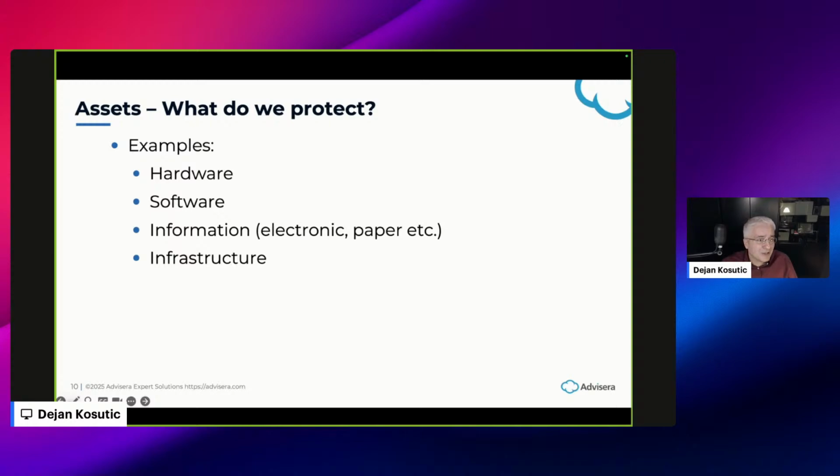Infrastructure, so electricity, buildings, I don't know, air conditioning, these kinds of things. People, of course, are a very important asset from the information security point of view. So basically, when you list assets, you have to list all of these types of assets if you want to have a comprehensive risk assessment.